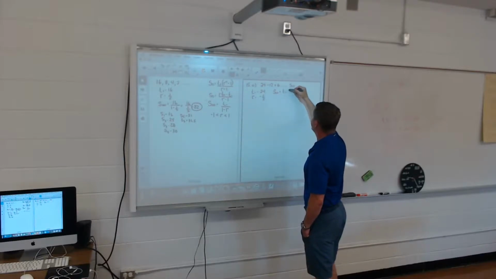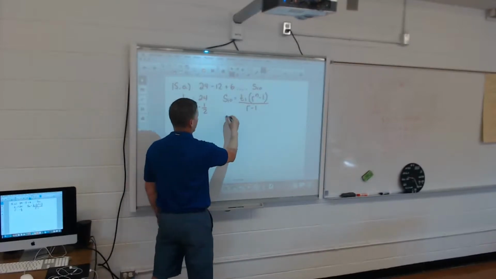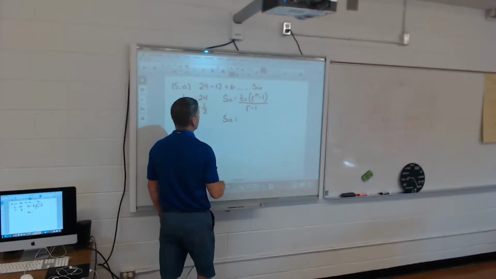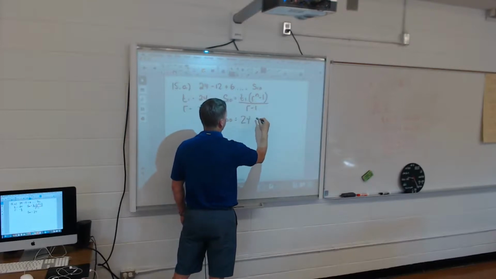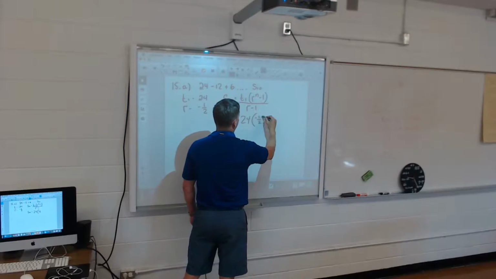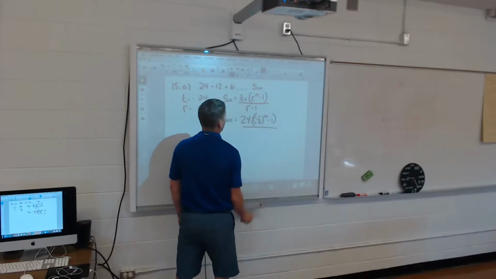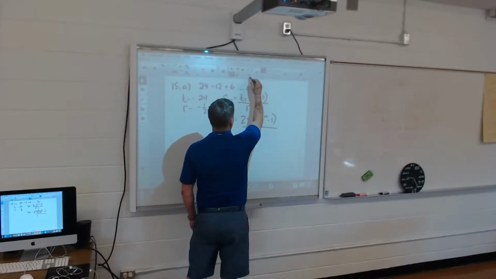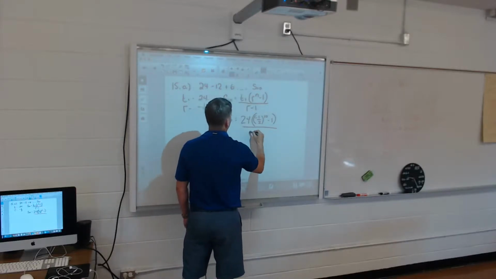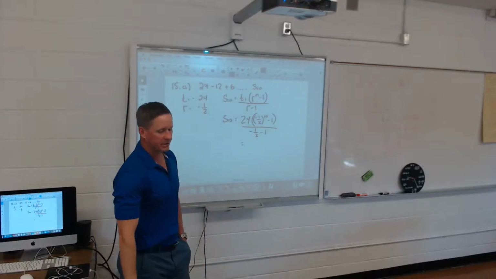T1 times r to the n minus 1, over r minus 1. Okay, so S10 is equal to T1, 24, times r, which is -1/2, to the 10, subtract 1, over r, which is -1/2, subtract 1.